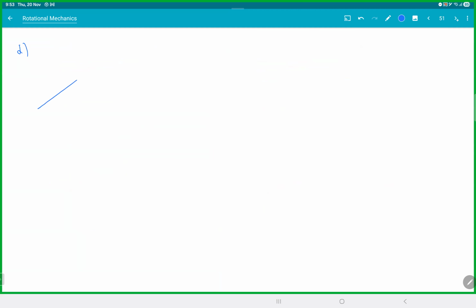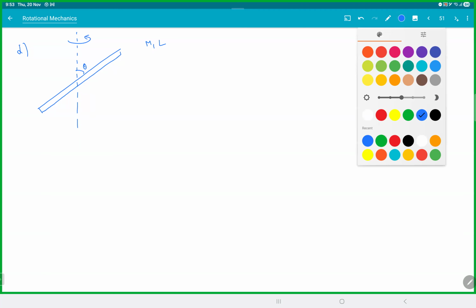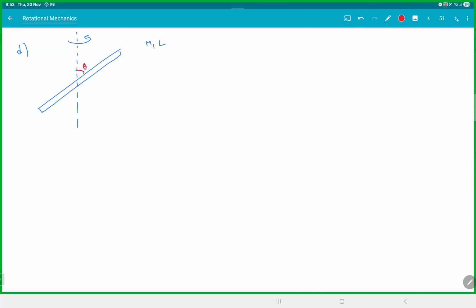What if I keep the rod like this? This is the axis, angle theta, and it's rotating like this, mass M and length L. How is the rod rotating? Are you guys able to visualize how?